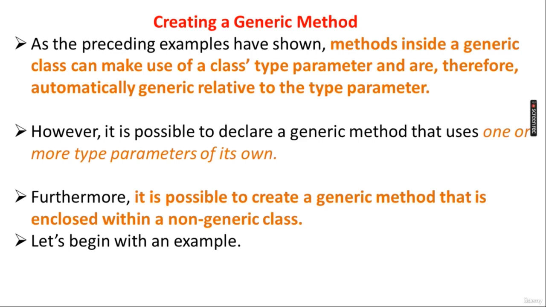However, it is possible to declare a generic method, which is a separate method, that uses one or more type parameters of its own. It is possible to create a generic method that is enclosed within a non-generic class. So for a generic method to be present, it is not compulsory that the class is also generic.